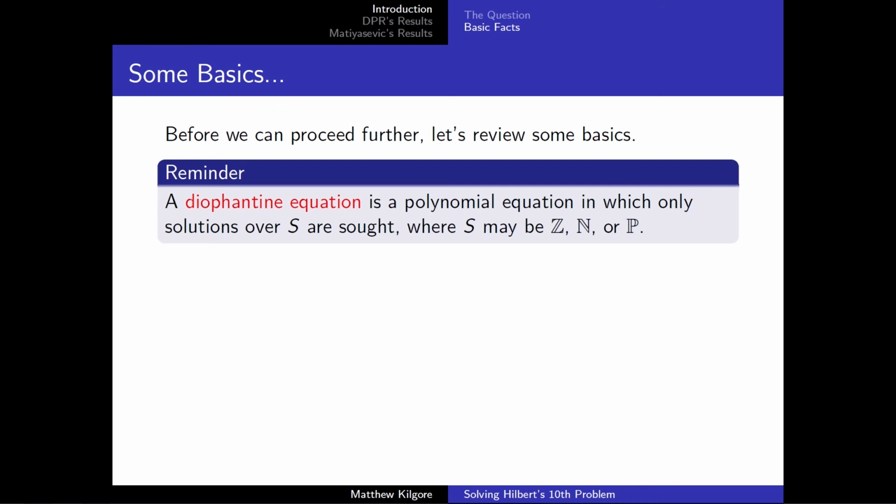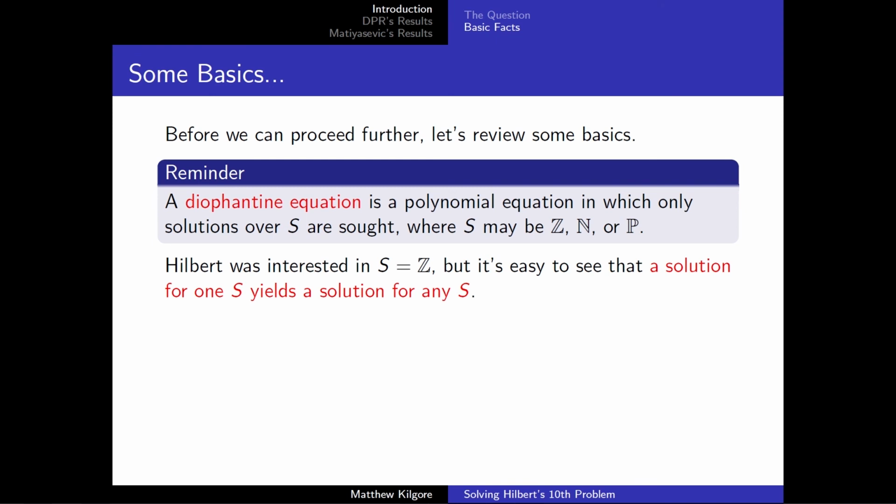Technically, it should only be one of these, but different papers use different conventions. I mean, after all, Hilbert was interested in S equals Z. Thankfully, it's easy to see that a solution for one yields a solution for all. We prove this fairly simply.